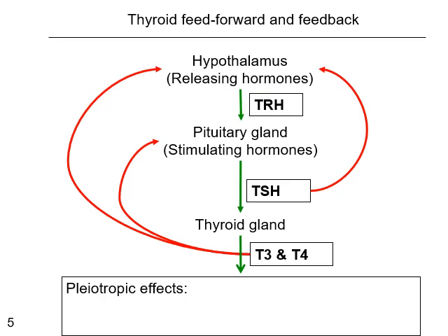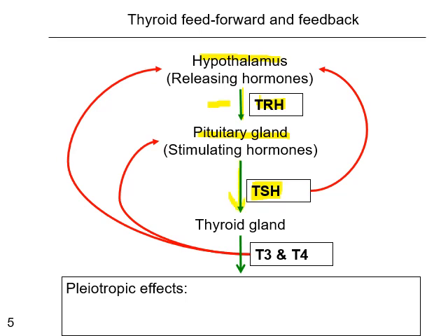All right, so I hope you remember that the hypothalamus releases thyrotropin releasing hormone, TRH, into the median eminence. It flows through the portal circulation. It interacts with TRH receptors on the thyrotrophs of the anterior pituitary gland that releases thyroid stimulating hormone into the systemic blood.